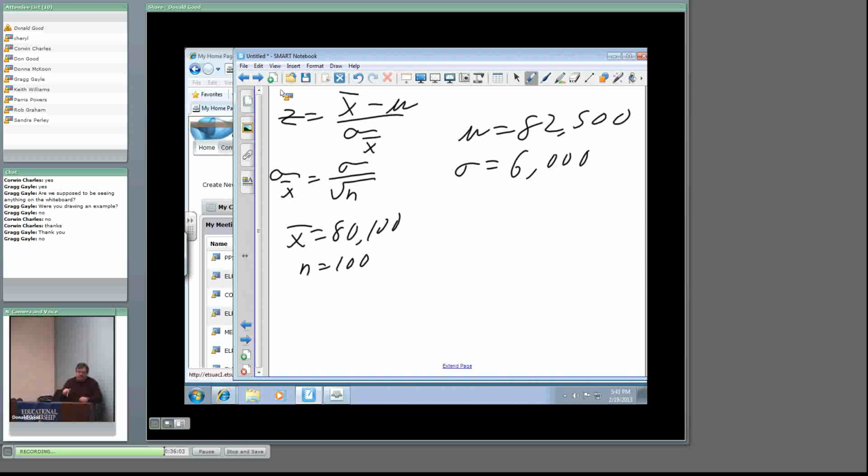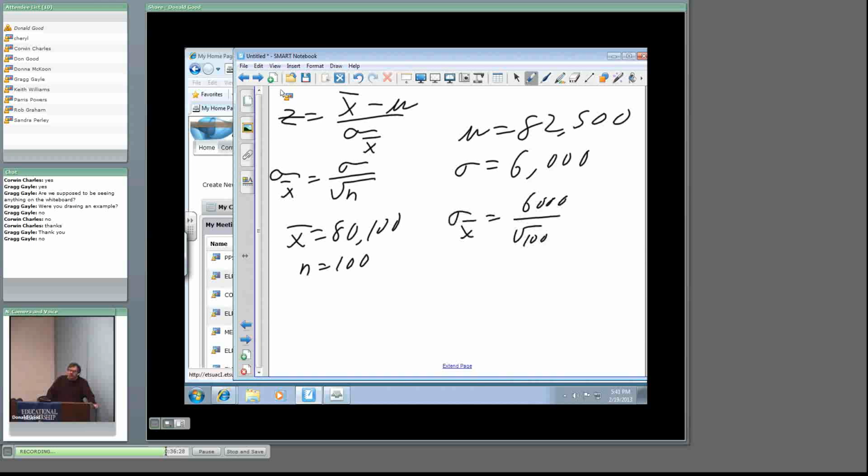First of all, what is our standard error? It's the standard deviation, which is 6,000, divided by the square root of 100. Now, if we didn't have the standard deviation of the population and just had the standard deviation of the sample, you'd use whichever one you have.